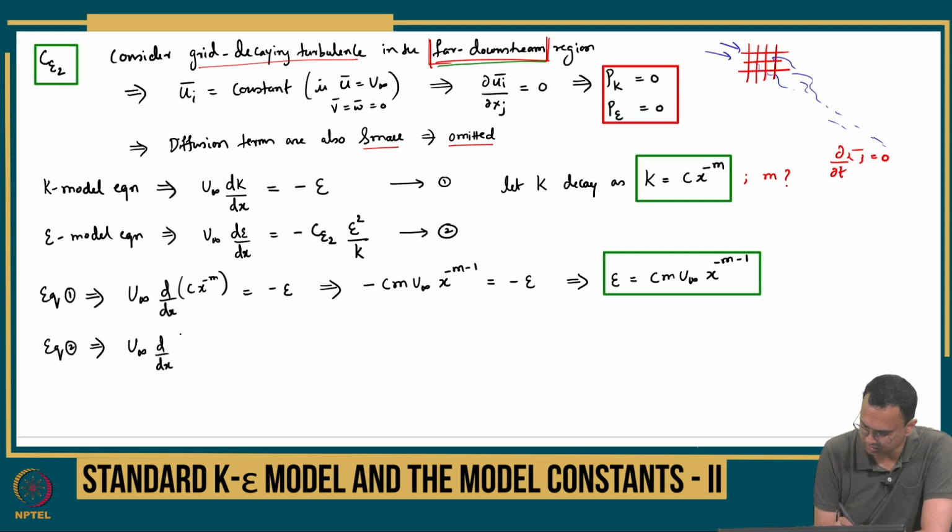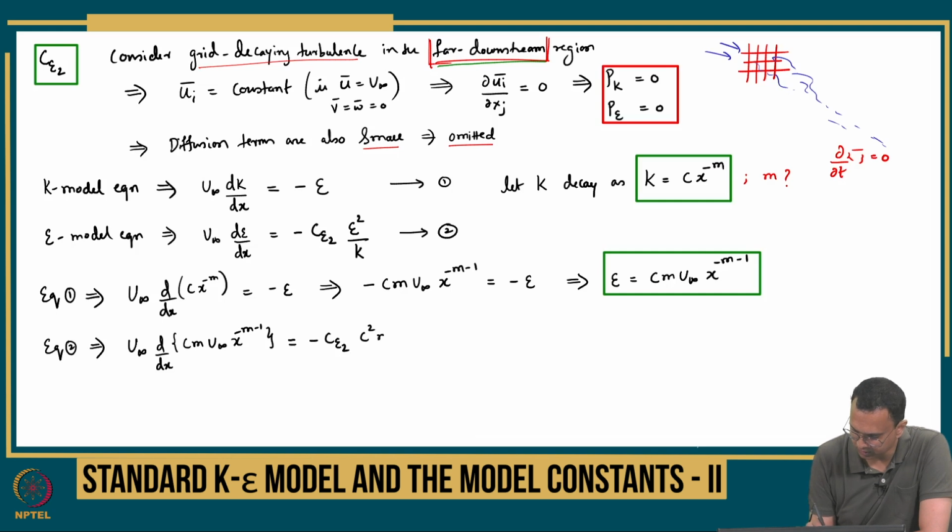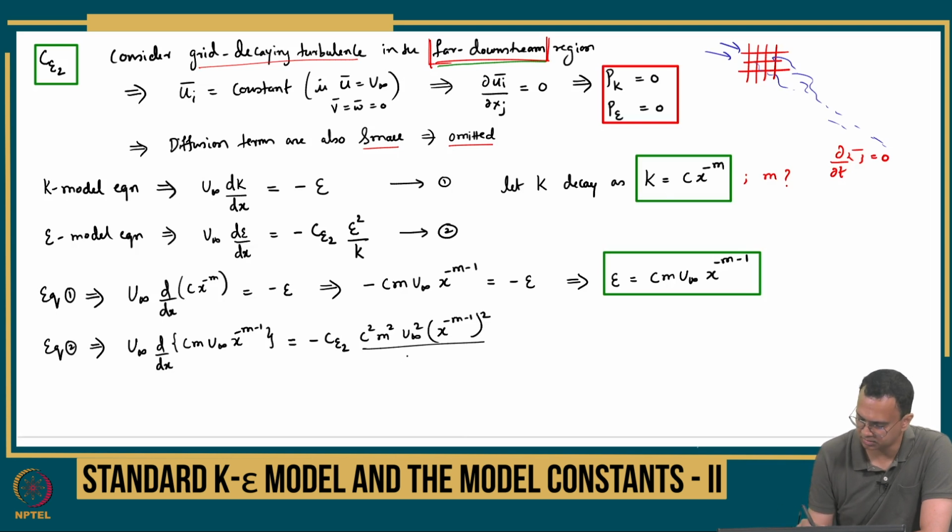So d by dx of c m u infinity x raised to minus m minus 1 equal to minus c epsilon 2 epsilon square by k. So I have c square m square u infinity square, x raised to minus m minus 1 whole square, by k. K is also known here, which is c x raised to minus m.